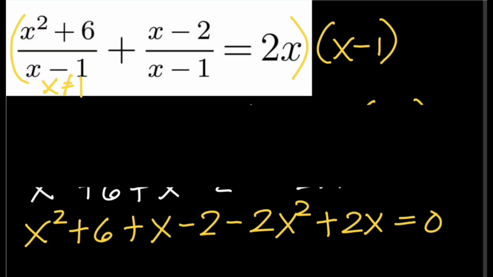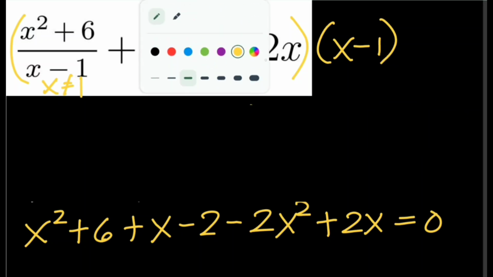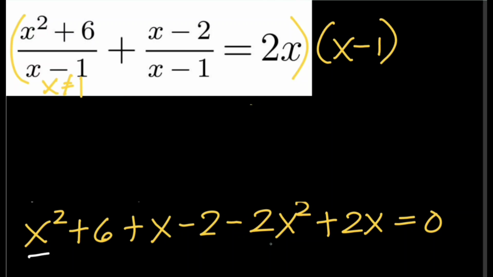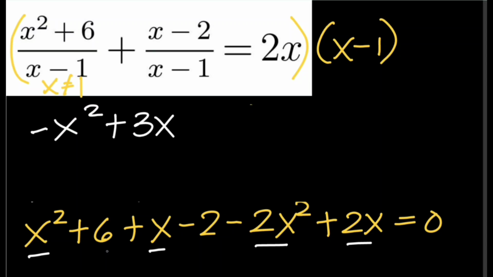And then we simplify, we group like terms. So x squared goes with negative 2x squared. x squared minus 2x squared is just negative x squared. And then x plus 2x is 3x. Then we have 6 minus 2, which is 4, equals 0.